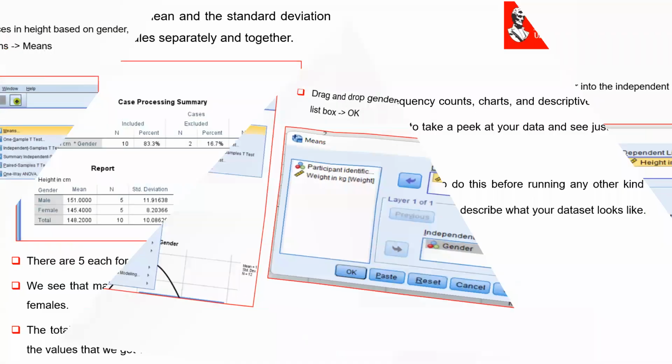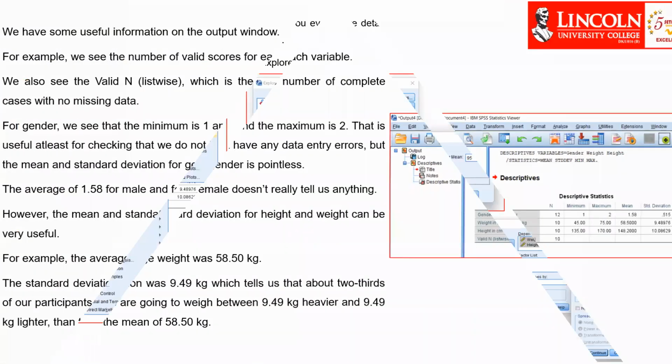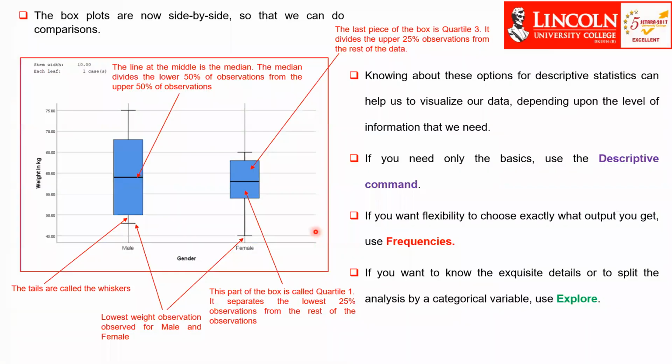So now, these are the lowest observations for these variables. And if you look at the top here, this and this are the highest observations for male and female.